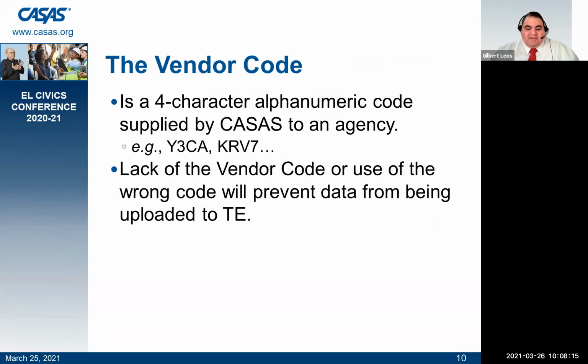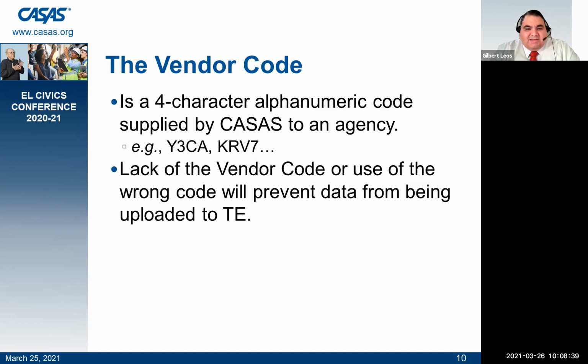The vendor code. This is one that took me a while to find out, really. The vendor code is a 4-character alphanumeric code, which is supplied by CASAS to an agency. Because it's alphanumeric, it can be Y3CA, it can be KRV7, and in the case of the simulation server, it's RHAS.